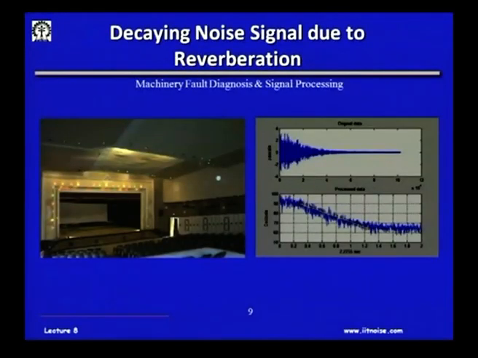This is just to give you another example of a signal. So, this is an auditorium where, because of the reverberation or because of the absorption in the wall, if there is a loud noise level and suddenly it is shut down, this is the time history, this level is going to come down. So, the quicker it comes down, the more quickly the sound has been absorbed. So, this kind of study is used to estimate the reverberation time in the room.